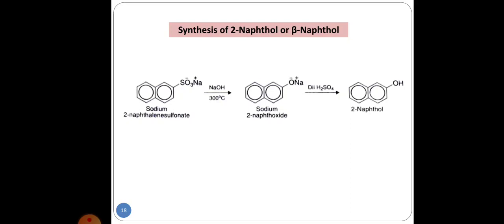Sodium 2-naphthoxide is formed in the initial step, which on further treatment with dilute sulfuric acid yields 2-naphthol.